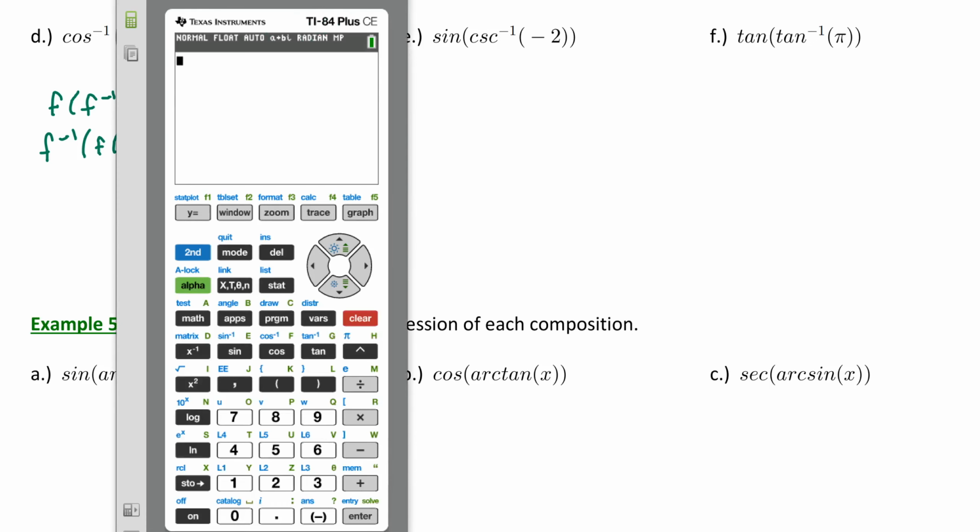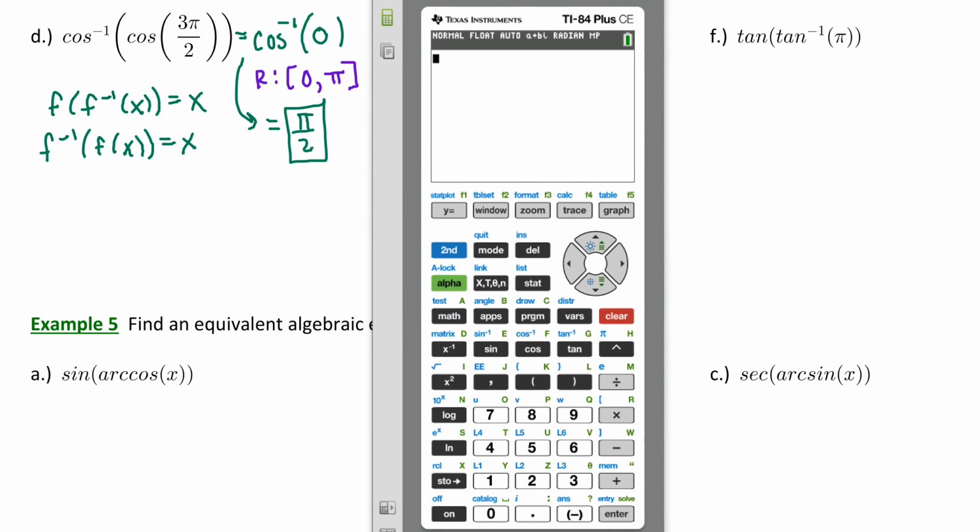Definitely a candidate to check with our calculator. I am in radian mode here, so I'm going to evaluate inverse cosine of cosine of 3 pi over 2. And we come up with 1.57 approximately, which is equivalent to pi over 2. Now, this is not always the case for every angle.